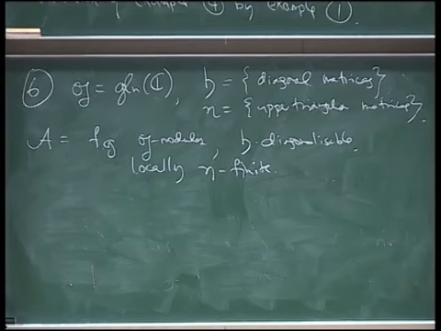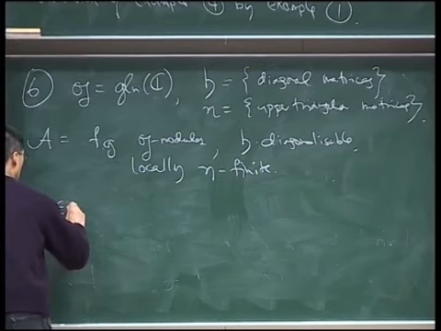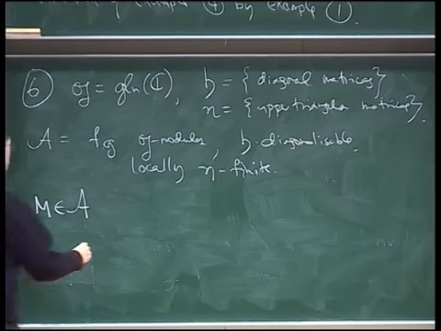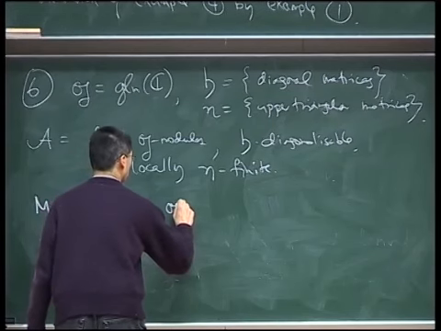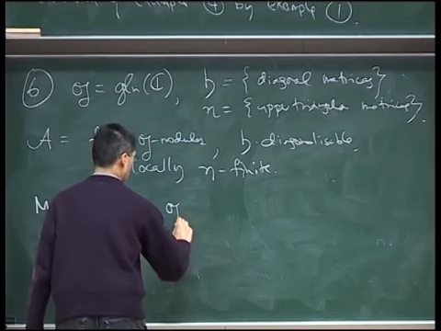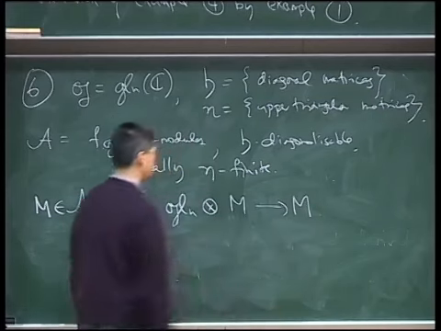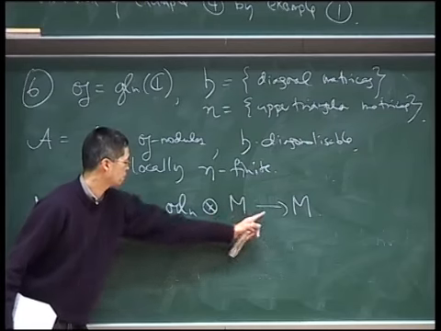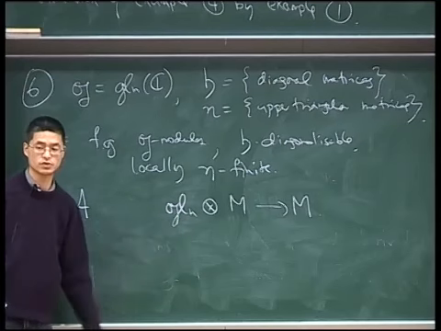Okay, now suppose we have such a module. Then it's given by some action map, GLN tensored with M mapping to M. I can also view this action map as a map of GLN modules, where I view GLN as the adjoint representation of GLN.